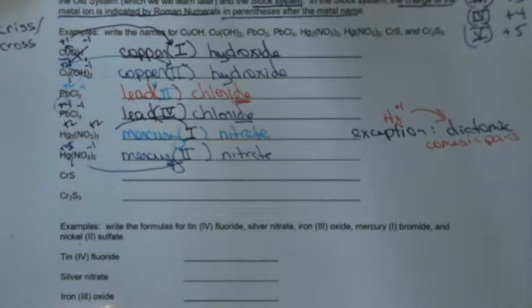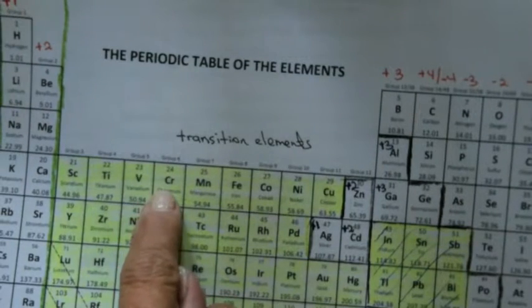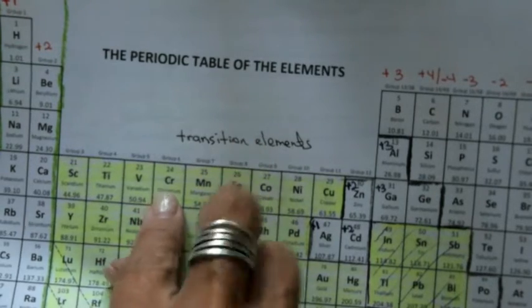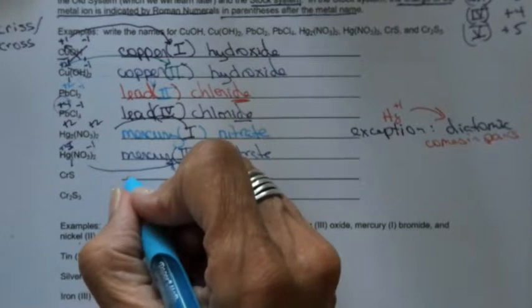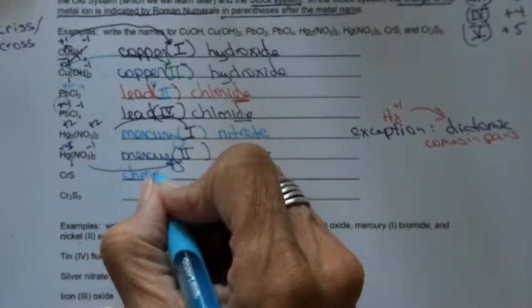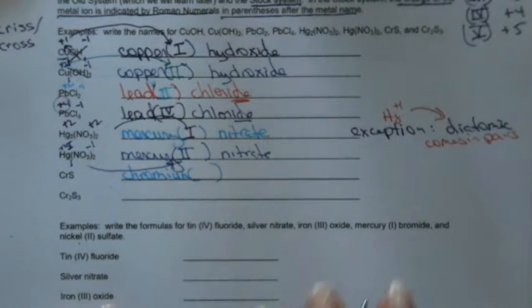So, next one, Cr. Looking on my periodic table again, Cr is element 24, and I see that it's a transition metal, therefore I need parentheses. So I write chromium's name, put an empty parenthesis.